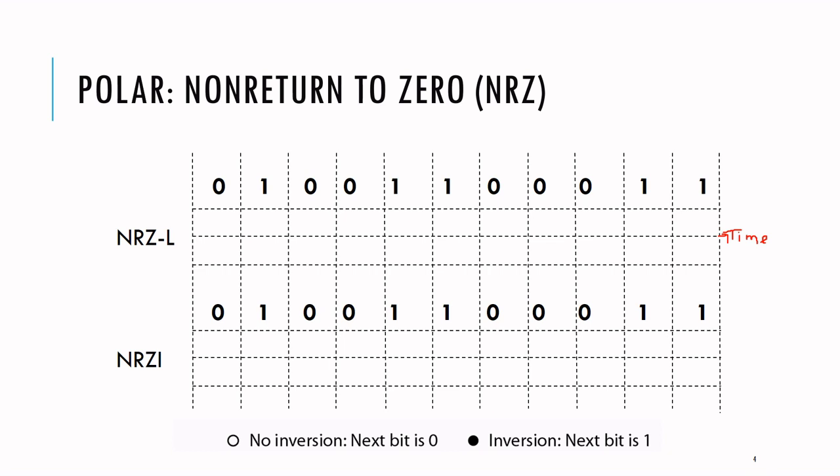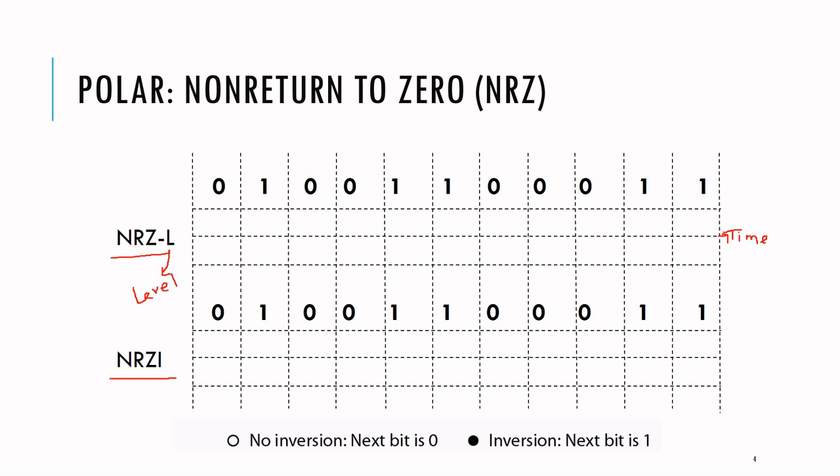All right, so in polar NRZ encoding, we use 2 levels of voltage amplitude. We have 2 versions of polar NRZ. You have NRZ-L and you have NRZ-I. Now, in the first variation, NRZ-L, L over here stands for level.